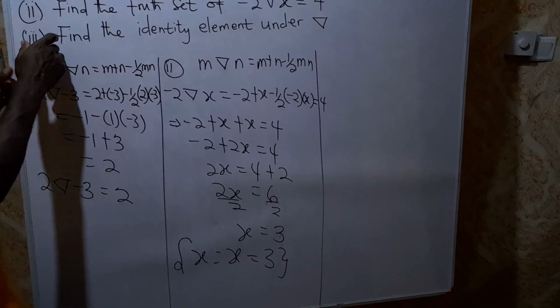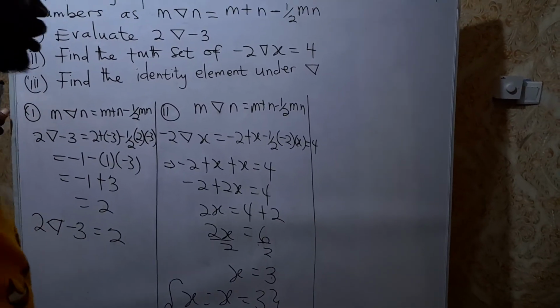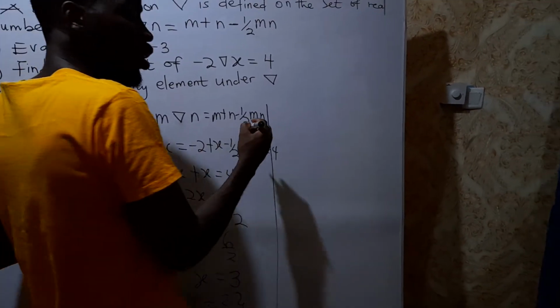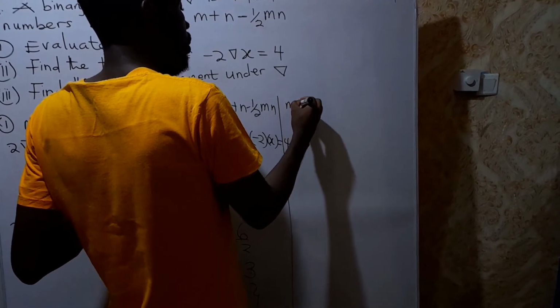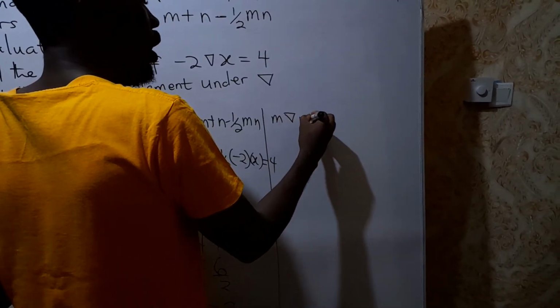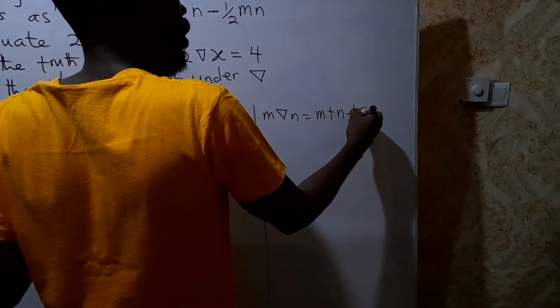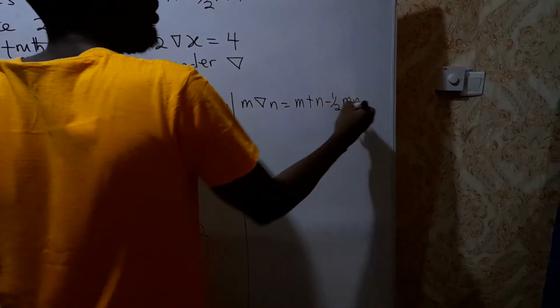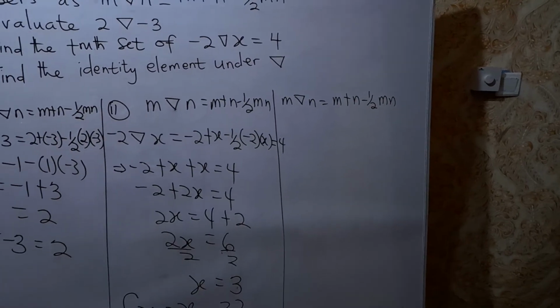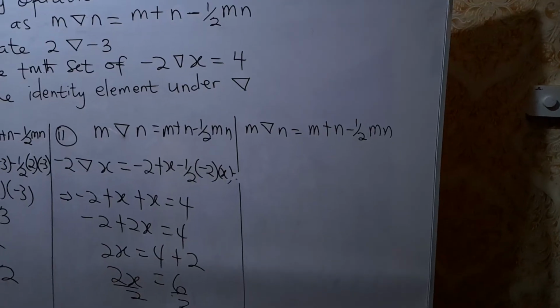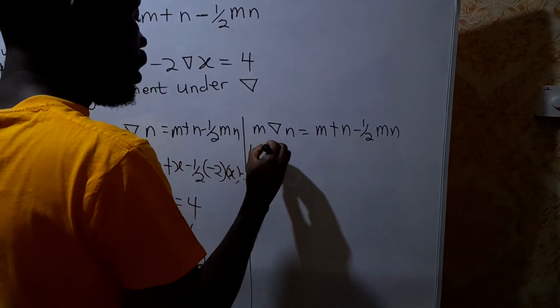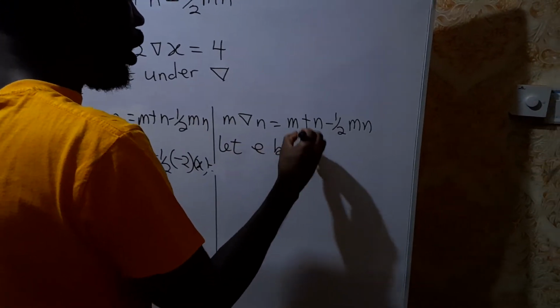Now the next question is we should find the identity element. Remember, we said m nabla n is equal to m plus n minus half mn. So we should let E be the identity element.